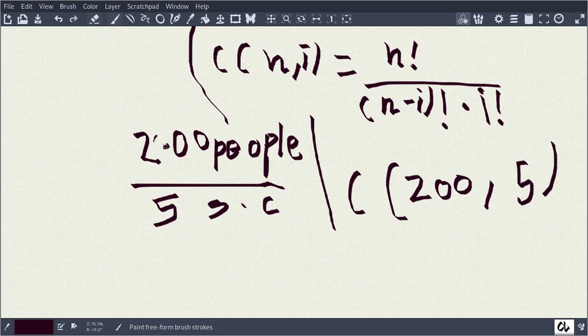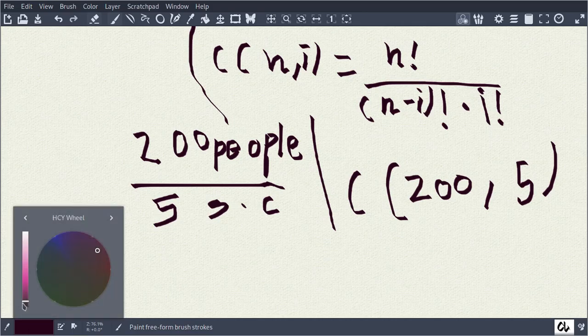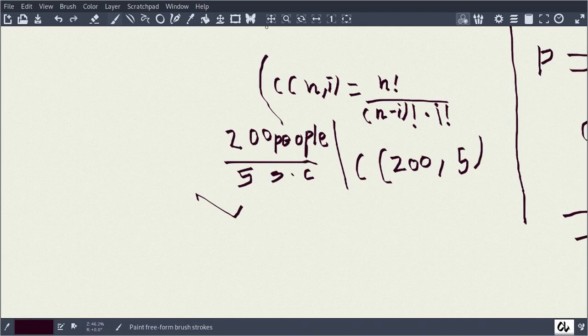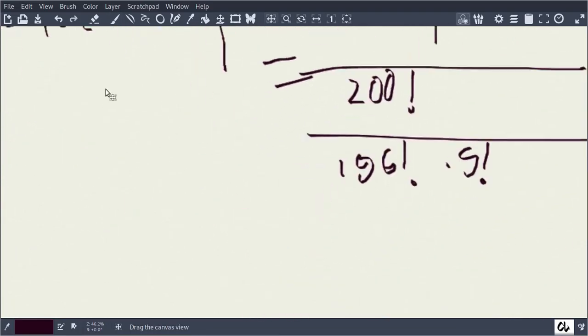There aren't that many people. There are only 200 people. I'm terribly sorry. Why is this thing not writing right now? Okay, I'm quite bad at these things. So there are 300 people in the school, and this would be that.